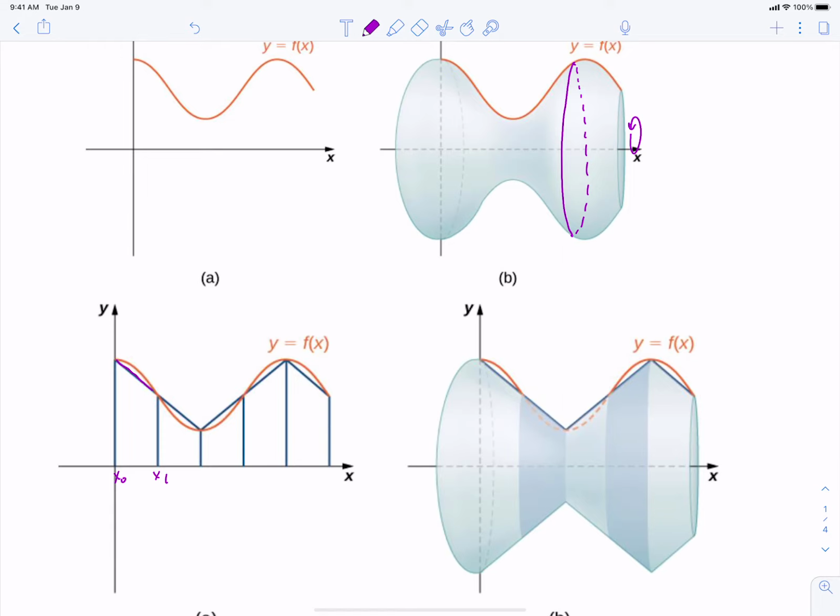We're going to find the line that connects those y values, and take this region that looks like a trapezoid, and rotate it around the x-axis, and we'll get a cone that's had the top chopped off of it, right? Because it's going to have slanted sides.